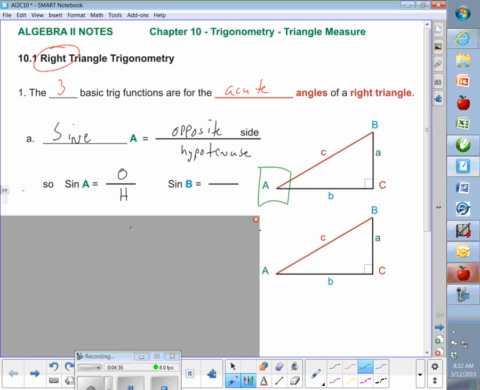For angle A, if you go opposite it, the opposite side is little a. So the opposite is A. Now the hypotenuse is always across from the right angle. So the sine of angle A is A over C, opposite over hypotenuse.